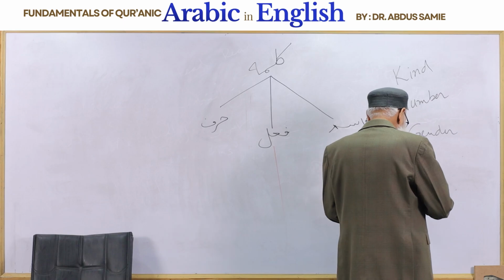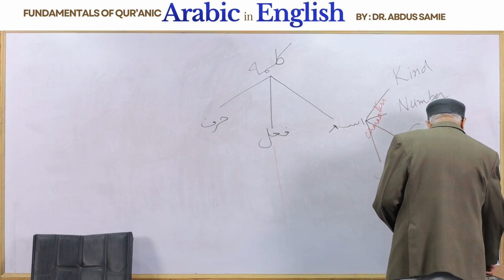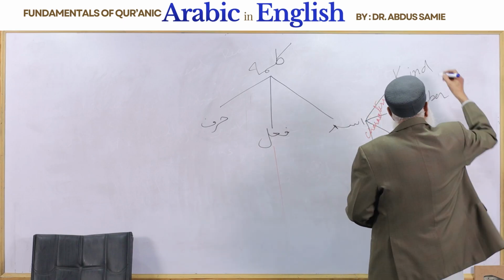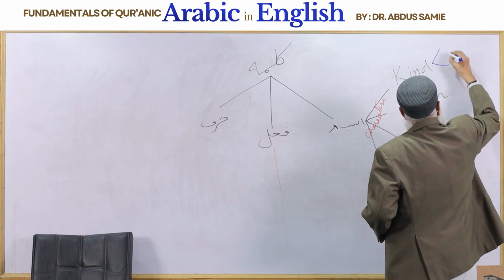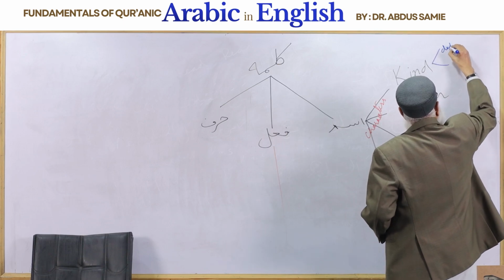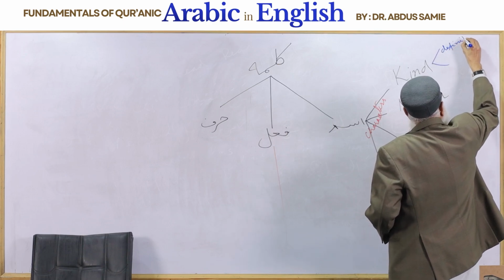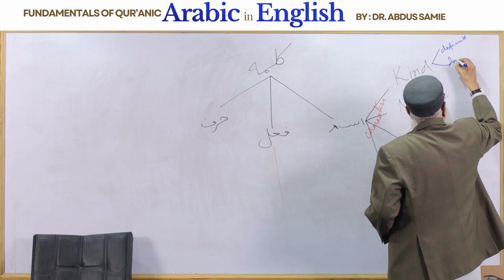So, if we further split up, kind is of two types, definite and indefinite.